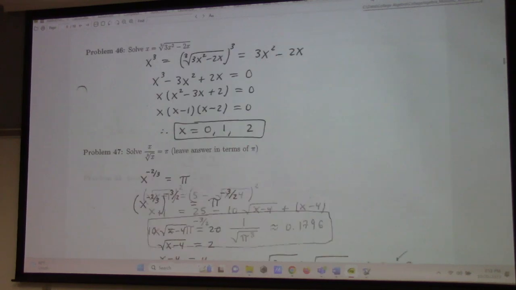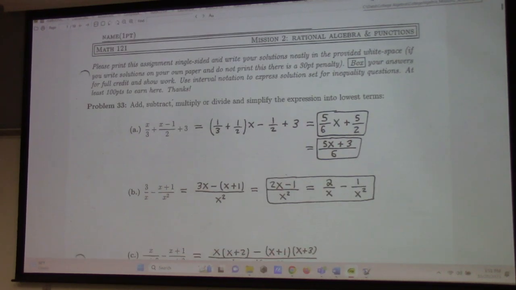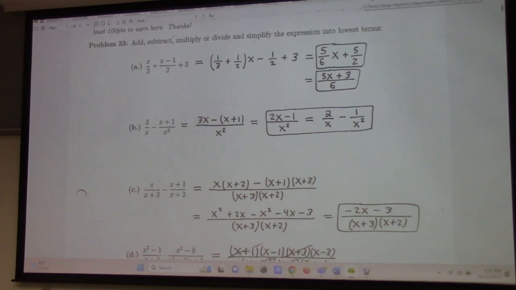Where is the other mistake? Oh, right at the start, the first problem. Typical of me, make my mistake right in the first part of the first problem.